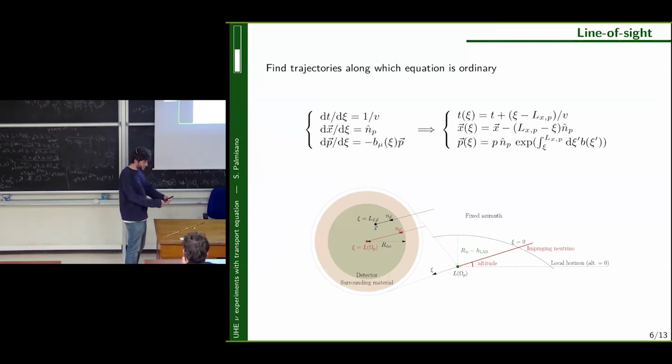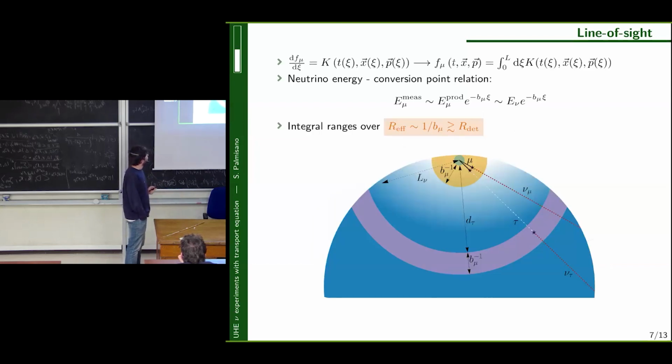They track the motion of neutrinos from the Earth's crust to the detector, and time and position are linearly dependent on psi, whereas the neutrino and the muon momentum have an exponential dependence on the length of the path. This way, the equation becomes ordinary. One finds the solution by integrating the kernel, evaluated on these appropriate trajectories, with the boundary term at this point.